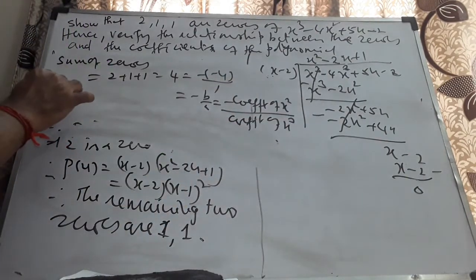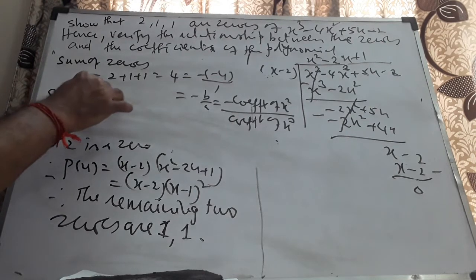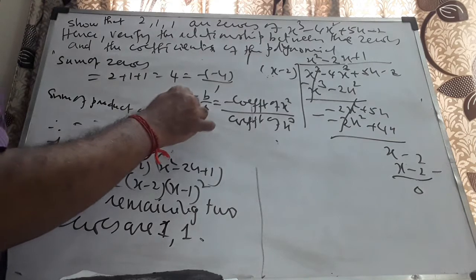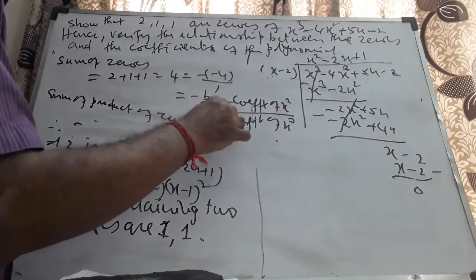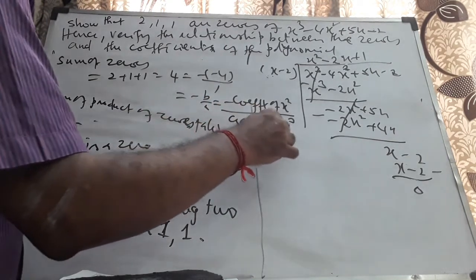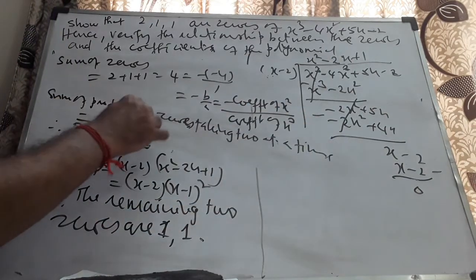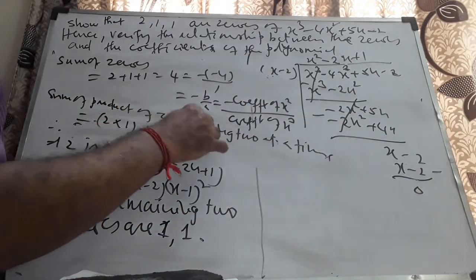Then sum of product of zeros, taking 2 at a time. What do I get here? 2 into 1 plus 1 into 1 plus 1 into 2.